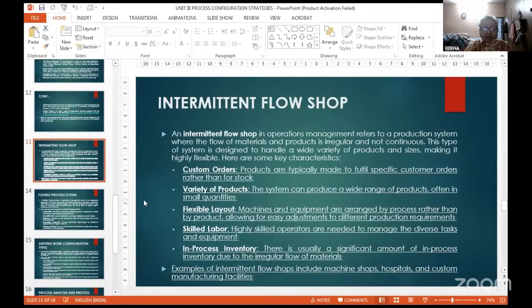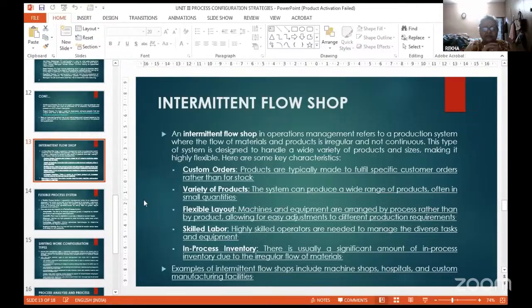Skilled labor. Highly skilled operators are needed to manage the diverse tasks and equipment. So naturally over here, somebody who has a very good knowledge of what the demand will be in future and what type of work is required is needed; that is why skilled labor is required in this type of intermittent flow shop.